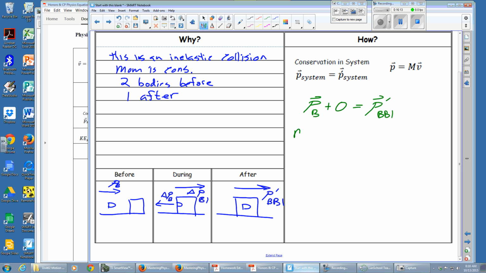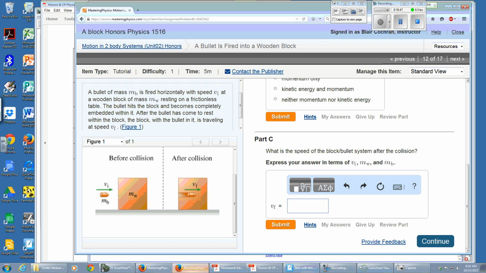So this would be the inertia of the bullet times the velocity of the bullet beforehand, equals, well, everything's moving in the same direction, right? So everything's positive. Then here, for the bullet and the block, you'd have the inertia of the bullet plus the inertia of the block, and now the velocity of the bullet and block together. And that's what we're looking for, right? That's what they asked us to find.